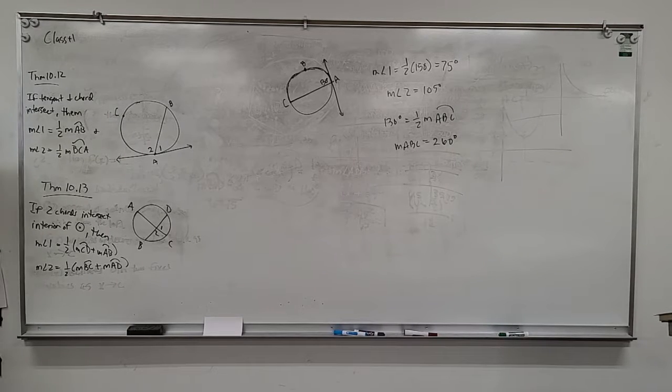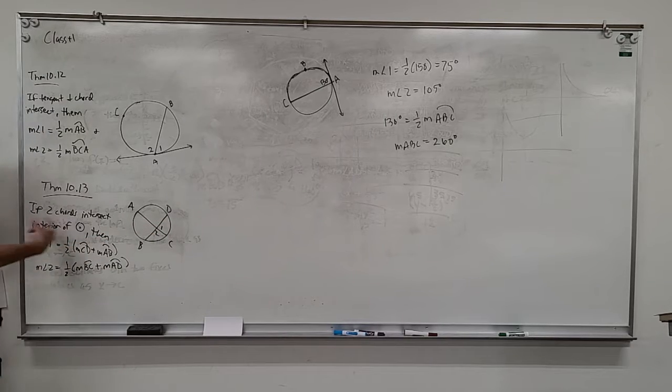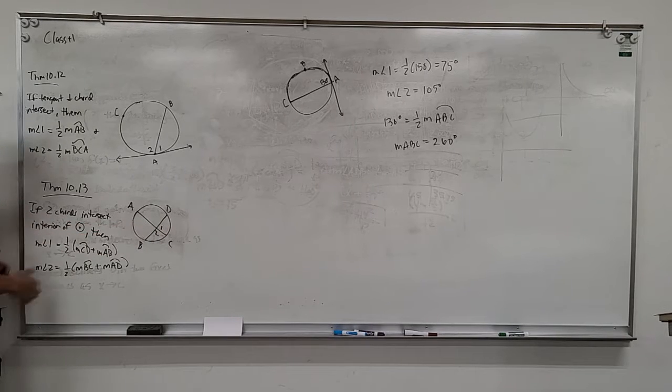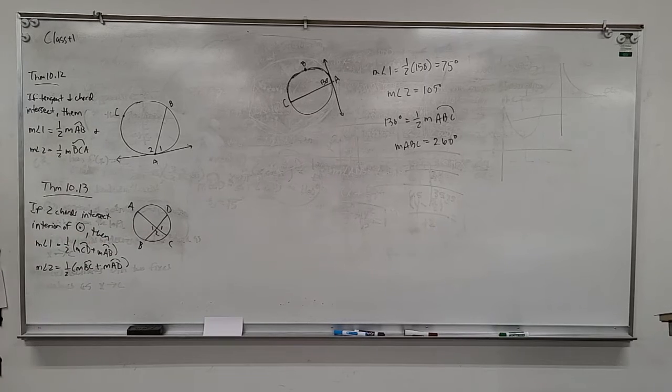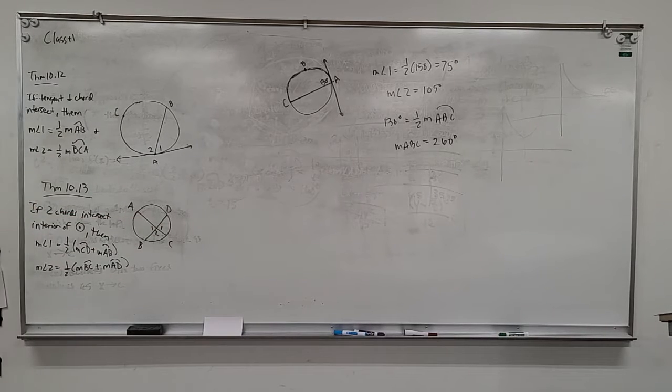So if you just kind of look at it, you can see based on what this says here, it'll always be the arc that, like, if this is angle 1, we remember that these are vertical angles, so the measure of that's also angle 1, right? So those angles that are the same is the arcs that are formed by those two angles. You add those together and take half of that to get the measure of the angle, right?